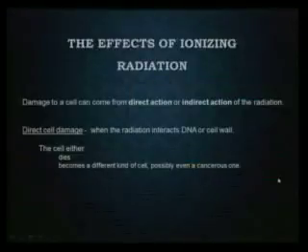Effects of ionizing radiation. So what happens when we deal with radiation? Damage to a cell can come from direct or indirect actions. In direct cell damage, the actual photon or particle will interact with the DNA or cell wall, and the cell either has a severe injury and dies, or it repairs itself and becomes a different kind of cell, possibly even a cancerous one.